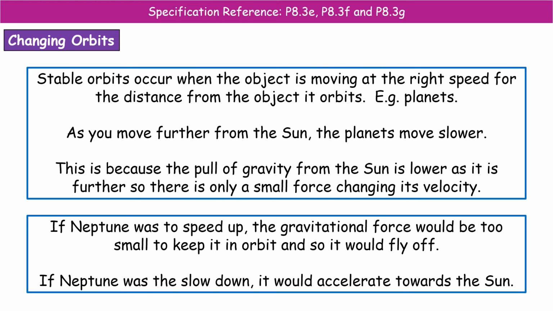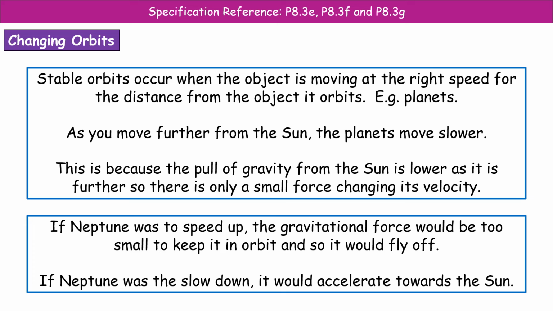The reason that's important is that if, for whatever reason, and this is very much a theoretical thing here, folks, if we were to have Neptune as our planet in the outer reaches of our solar system start to speed up for some reason, then what we would find is that the gravitational force that the Sun has on Neptune would not be sufficient to keep it in orbit. So Neptune would then go flying off into the outer reaches of space.